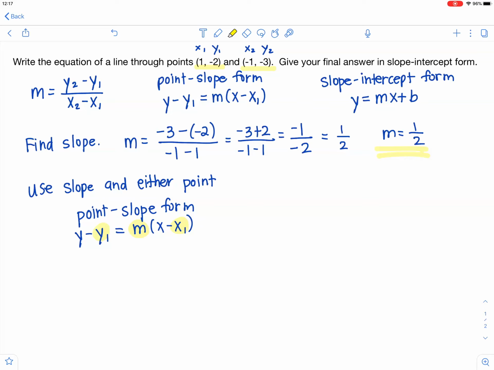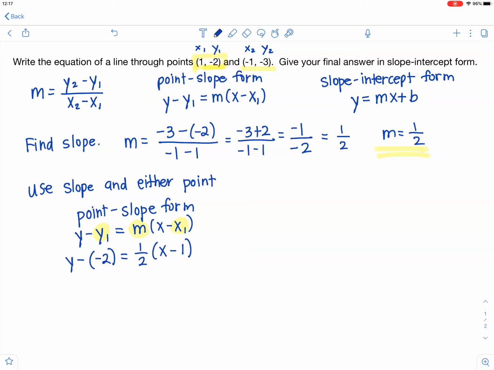So as we do that, we get y minus, again, I'm just picking that first point. It doesn't matter which one you use. I'm using 1, negative 2. So y minus negative 2 equals our slope of 1/2 times x minus 1.